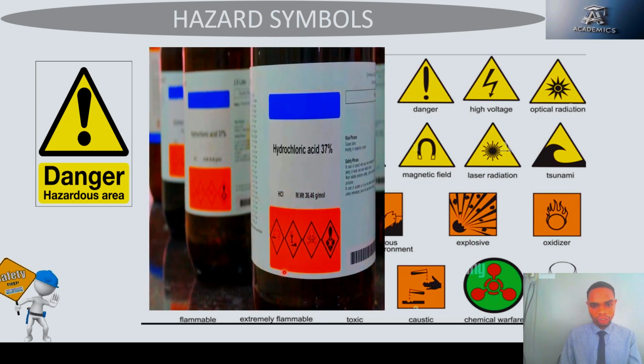The corrosive sign, and the environmental hazard sign, which means it can affect the environment if you recklessly dump the container in water, it can kill the lives of many organisms in the river. It is toxic and so can cause serious health issues. It is very, very important you are careful when you are handling these chemicals when working in the laboratory in order to avoid any potential hazard.